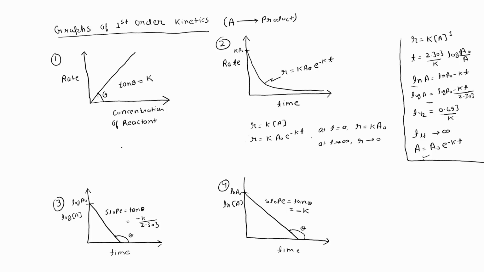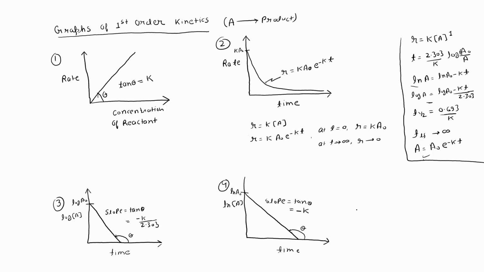Select the wrong answer for a first order reaction. First given is that rate increases linearly with respect to time. Second is that rate increases linearly with the concentration of reactant.